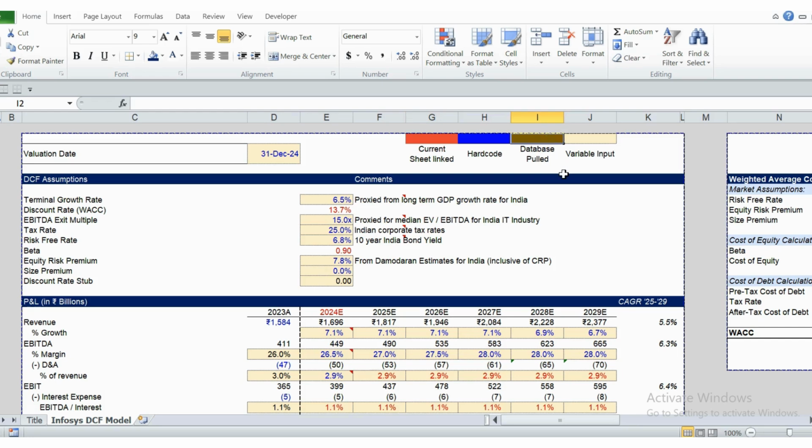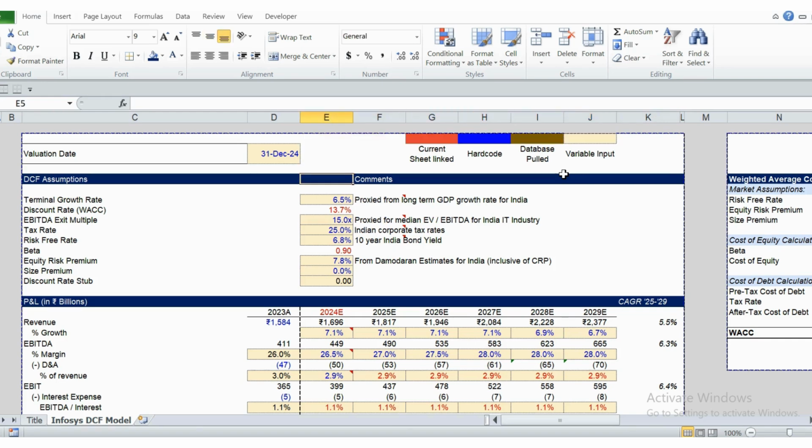Next is golden or dark brown, which indicates that the number is pulled from a paid database that only a boutique or big investment bank or a private equity firm has access to, like Bloomberg. Then we have the variable input, which is represented by a light yellow fill with a dotted border.